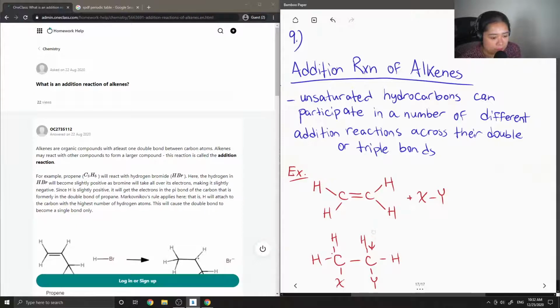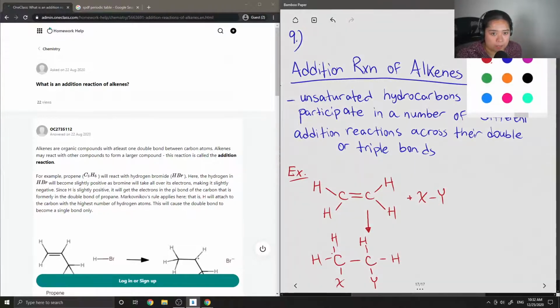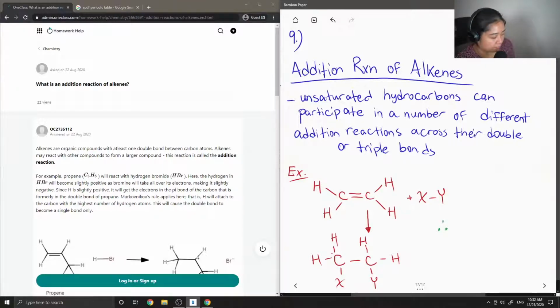Okay, so I'll just write down some examples of different addition reactions. So different XY values.